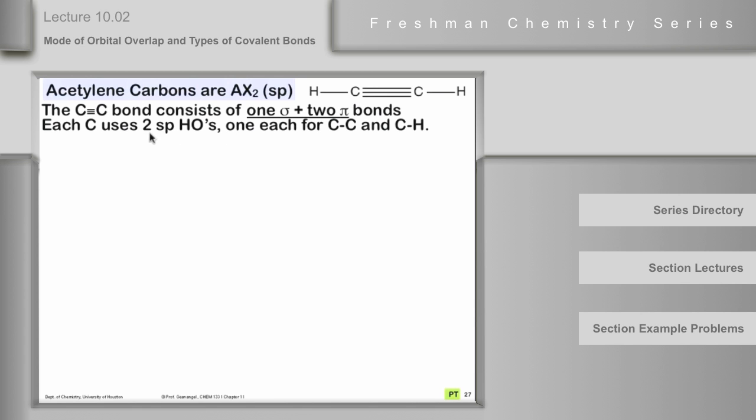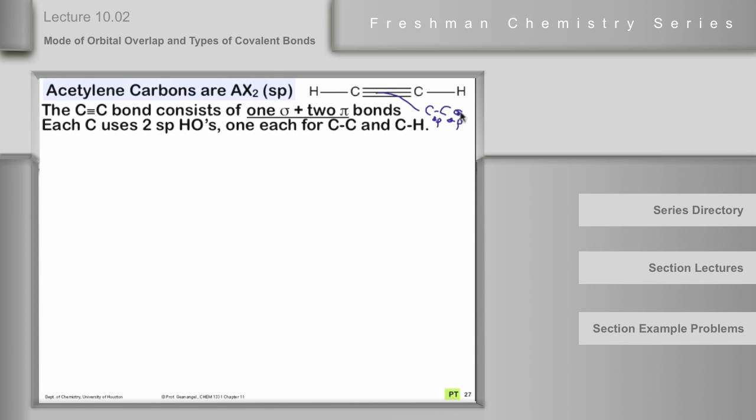And it was right there anyhow, all along. So if you were watching, you could have seen that. So each carbon uses 2 sp hybrid orbitals, and it uses 1 for the sigma part of the carbon-carbon bond. I'm just going to say that bond in the middle is the carbon-carbon sigma bond, and it will be carbon sp, carbon sp.